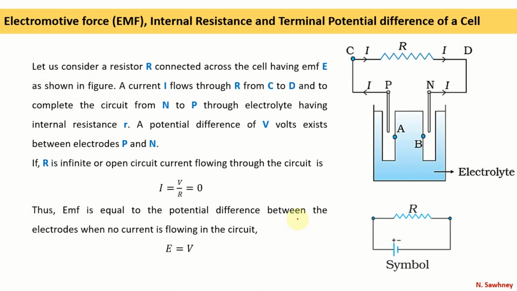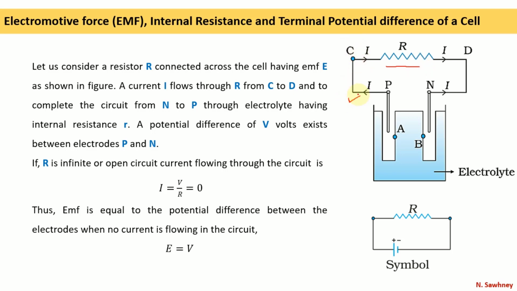Now let us understand it in detail. For this, let us consider a cell with an external resistance capital R as shown here in the figure, with EMF E. A current I flows through the circuit as is shown here.